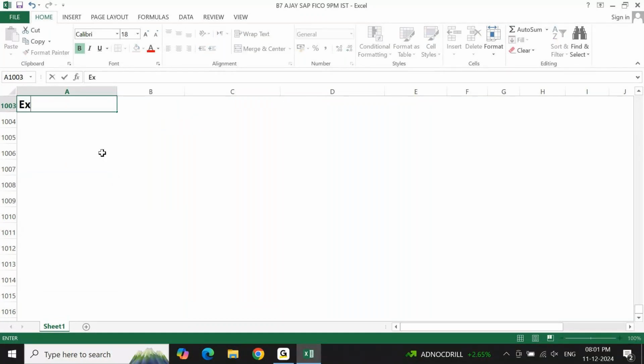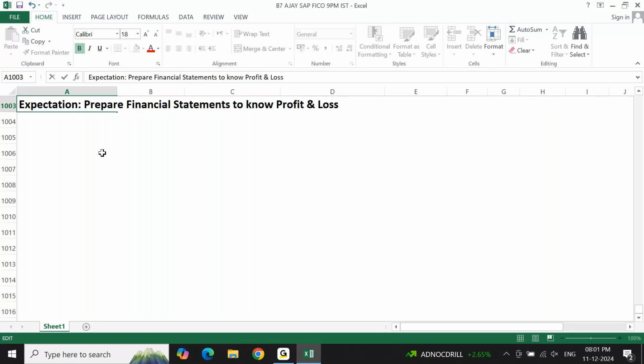Let's say our expectation now is to prepare financial statements to know profit and loss and balance sheet. Am I correct? Yes.